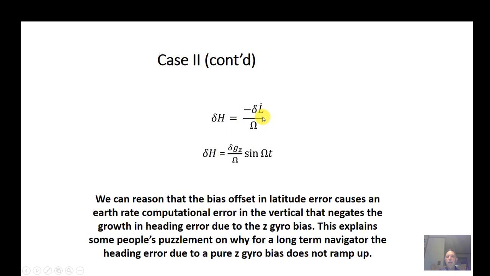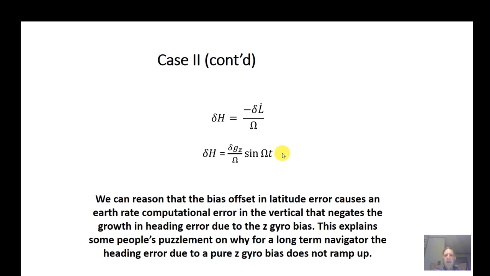So these equations are repeated here for purposes of repeating it. And the thing we wanted to point out is that even though we have a Z gyro bias, that is an azimuth gyro bias, our heading error is still a sinusoid and does not ramp up, at least in long term, for the assumption of a pure bias error in the gyroscope.